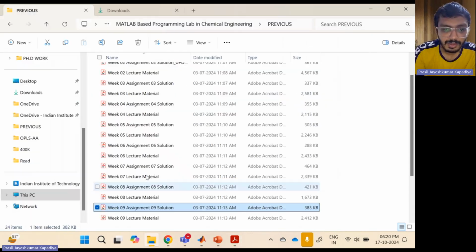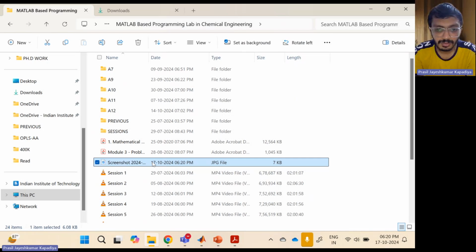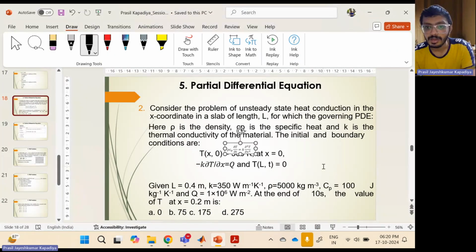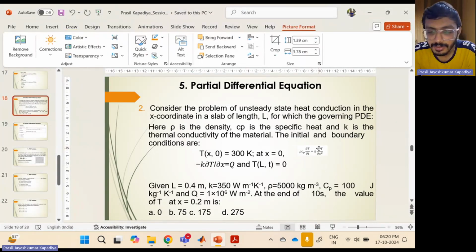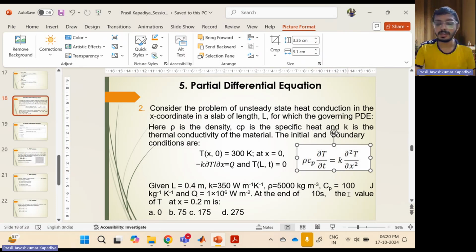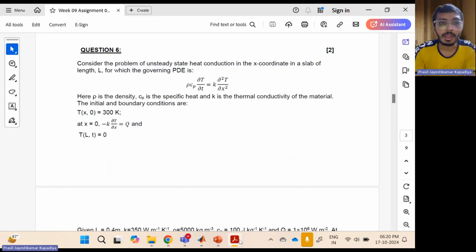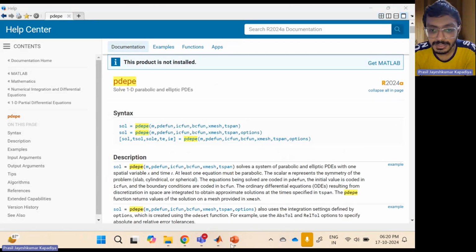So my equation is this one: rho Cp del T is equal to K del square T del x square. Correct? I'm sorry for this part missing out.